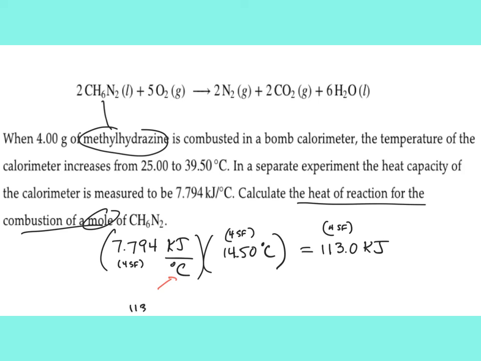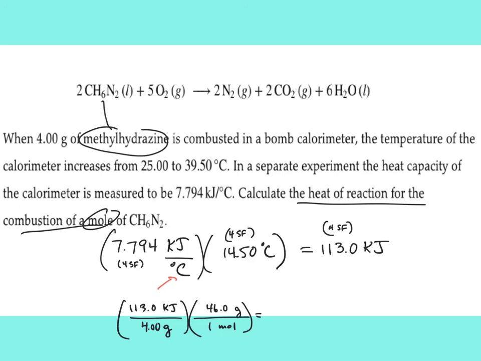We had 113.0 kilojoules. That was for a 4-gram sample of methylhydrazine. And 1 mole of methylhydrazine has a mass of 46.0 grams. I guess I could do that to 4 sig figs, and probably should.